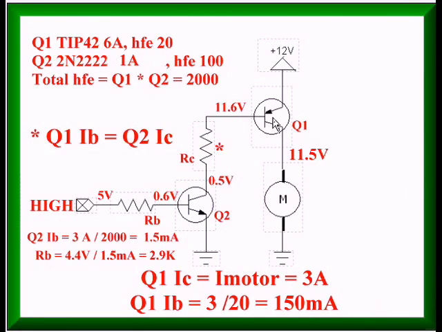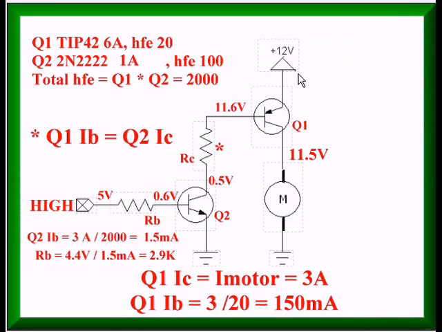When transistors are connected in this manner, I call it sort of an inverted Darlington in a way. But nonetheless, whatever base current comes in on Q2 here from Arduino, it's going to be multiplied by 100 HFE, and that's going to give me an emitter-collector current that's going to move through the base-emitter of Q1.